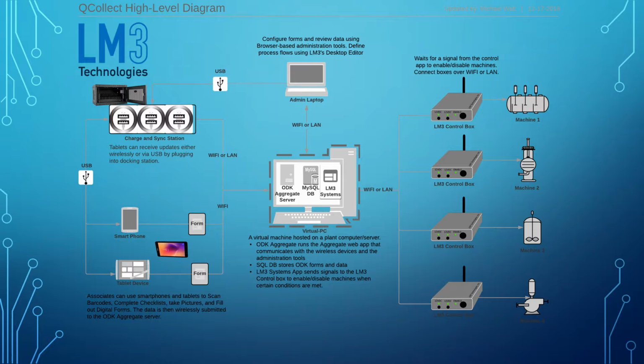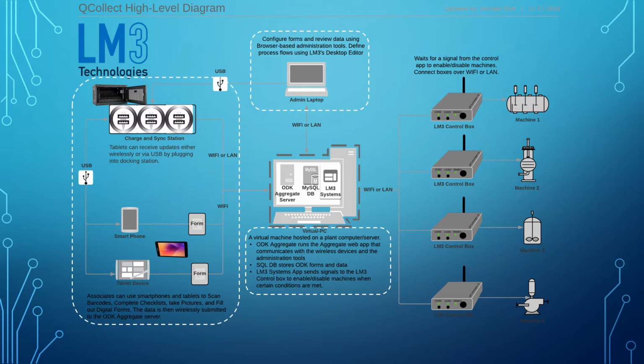This is a high-level diagram of the QCollect system architecture. Typically, ODK Aggregate and its dependencies will be running in a virtual machine that can be installed on any laptop or server. The administrator can access the data and the ODK Aggregate analysis tools from a laptop connected to the network.